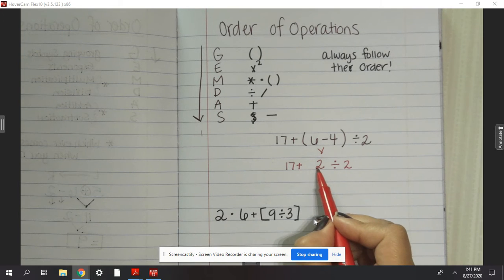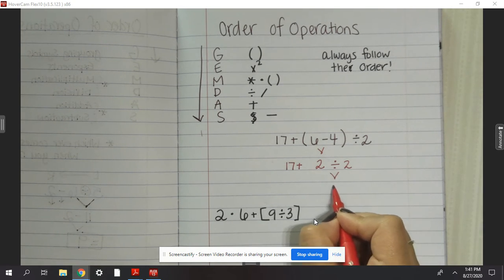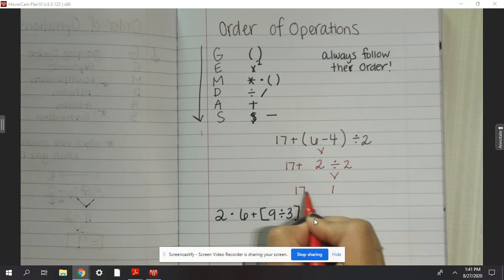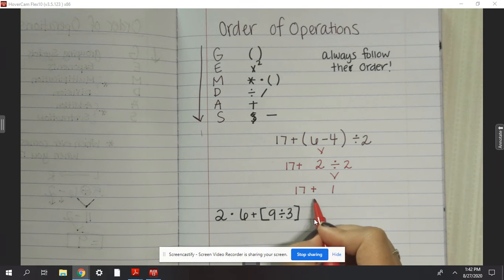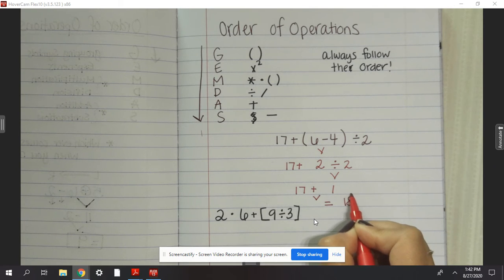So 2 divided by 2 is 1. So now I'm going to use what I didn't use. I didn't use the 17 or the plus. So now I'm going to finish out my expression. Do I have addition or subtraction? I have addition. So 17 plus 1 equals 18.